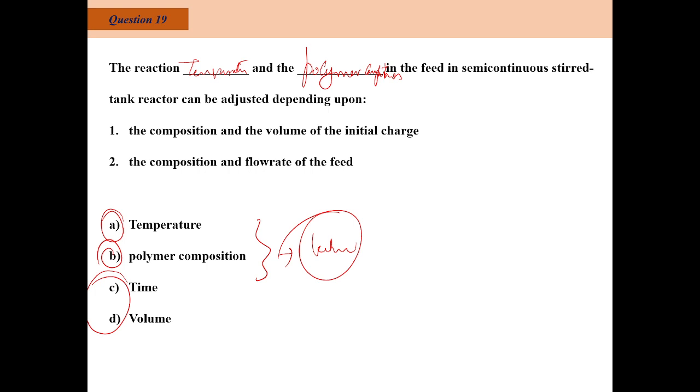In that case, how do we manage things? In a continuous stirred tank reactor, we continuously put all the radicals and monomers into the reactor and continuously stir to initiate the polymerization until we get the distribution.